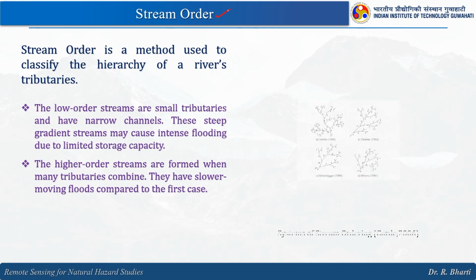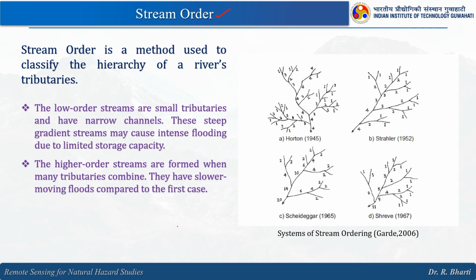Then we will talk about the stream order, because there are many ways you can order the stream channel, right. So, here one is given by Horton, then Staller, then we have different styles, right. So, the stream order is a method used to classify the hierarchy of a river's tributaries, right.